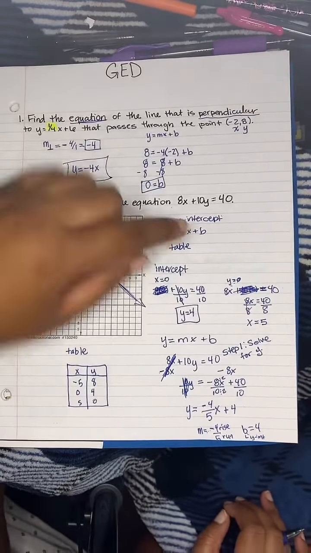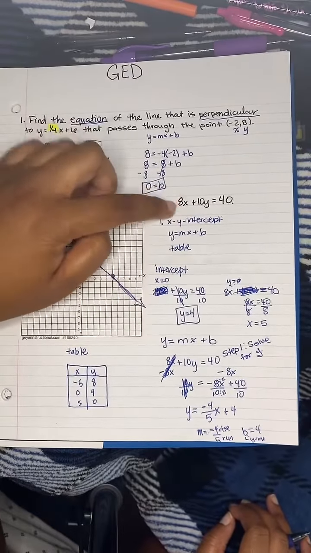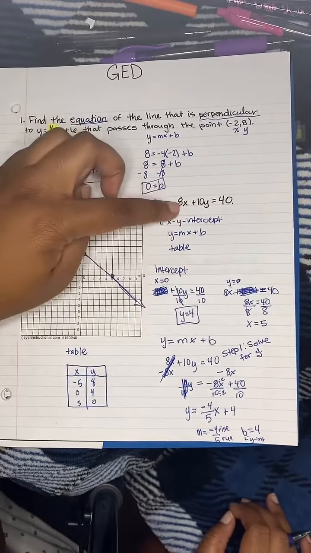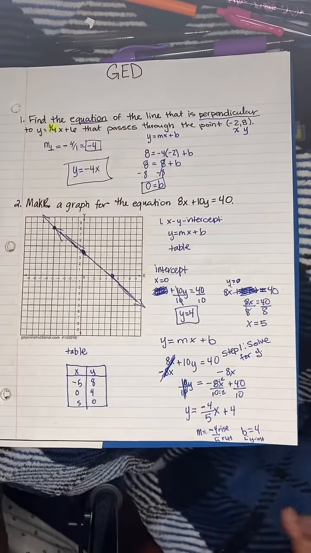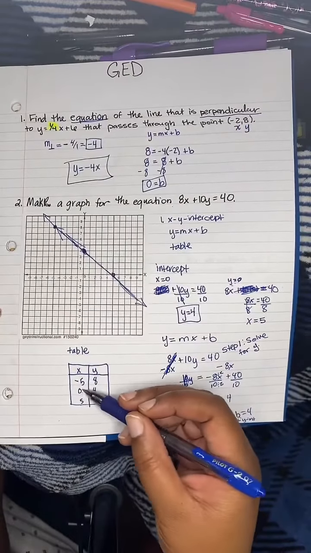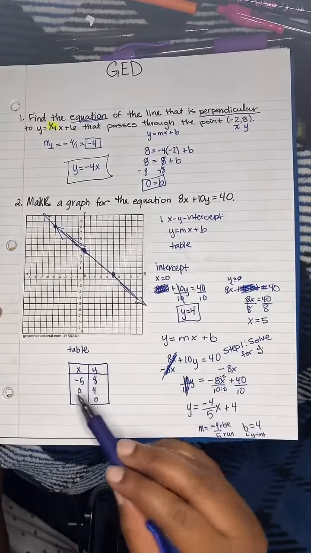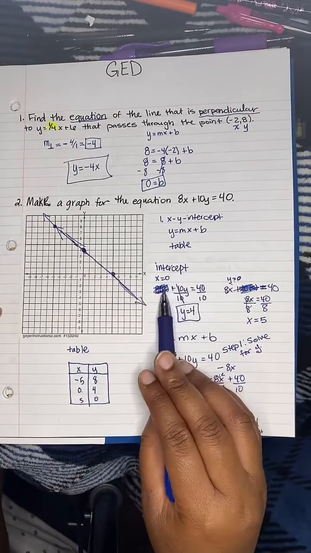So here we have, thank you so much for the gift. So here we have, so how we would do this if we didn't get to use a calculator, okay? How I would do this is you get to choose whatever numbers you want, okay? And then you would plug in, so just like we did here when we did x equals 0, it's the same thing.